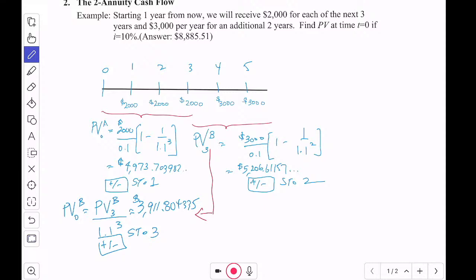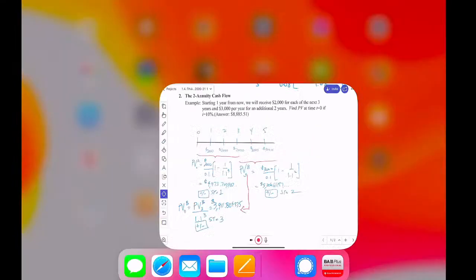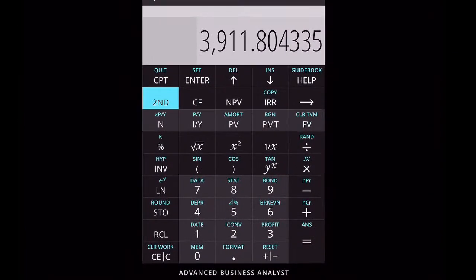Okay, so I'm going to take this amount back 3 periods. So I'm going to recall 2.